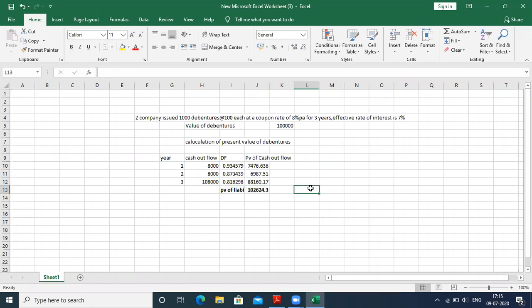Is this present value calculation clear? So I hope this concept is clear. The present value of liability.